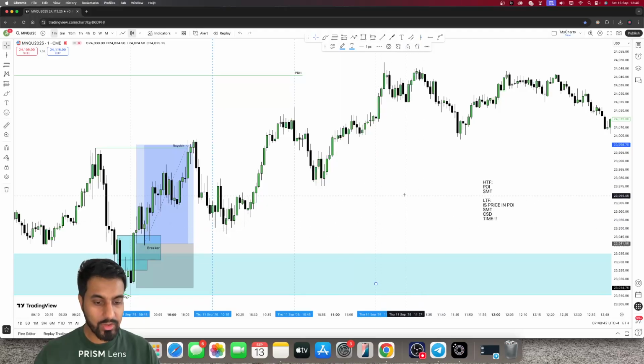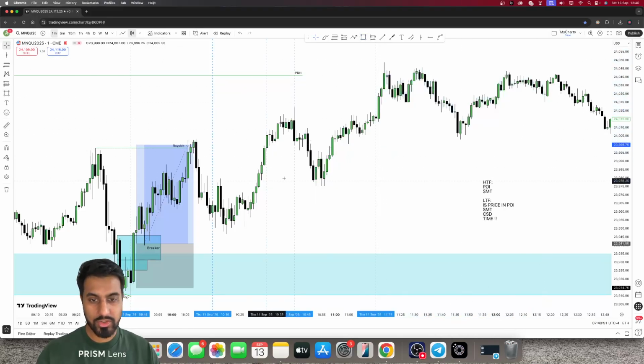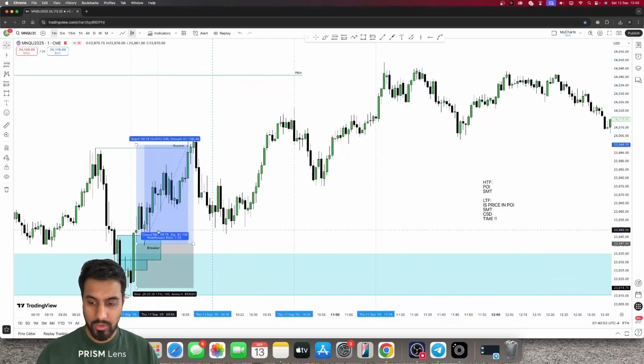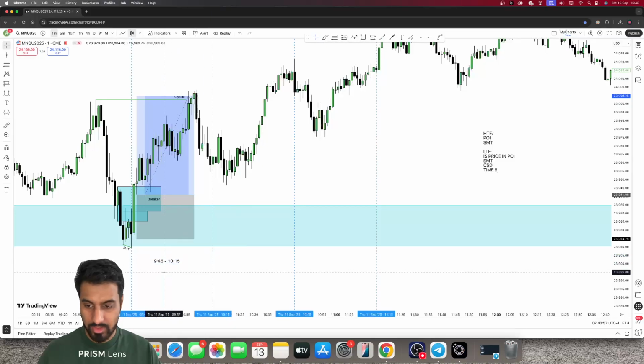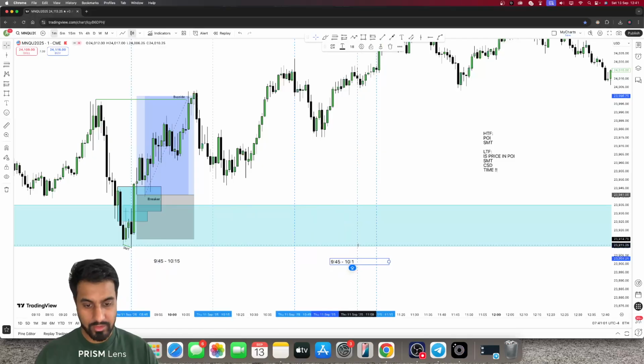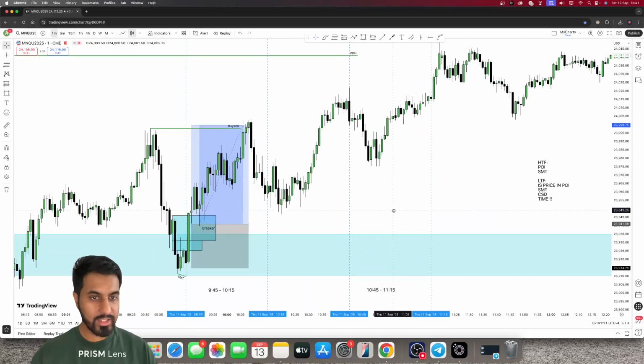I don't use this sort of macro to look at the timing because this is lunch. So there's only 2 AM windows I look at, which is the 9:45 to 10:15 macro. And then if you just copy this across, it's the 10:45 to 11:15 macro. And that's the last entry I do in the AM session. And again, there are PM session times, but for now we're just going to be focusing on the AM session.